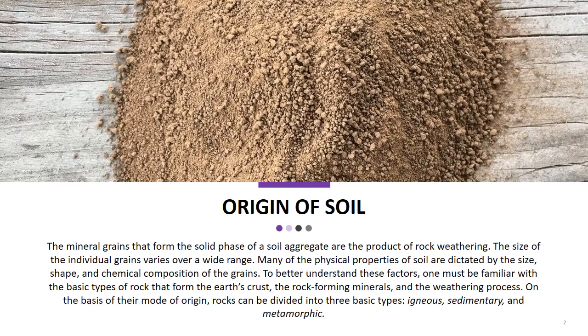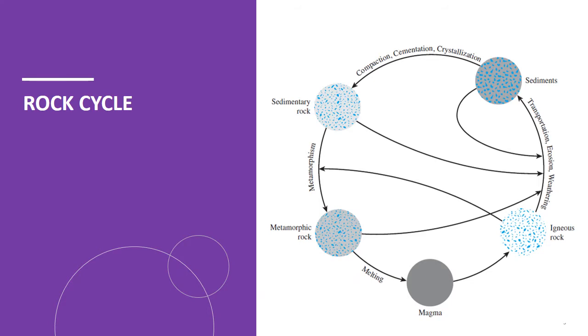On the basis of their mode of origin, rocks can be divided into three basic types: the igneous, the sedimentary, and the metamorphic rock. Here we have the rock cycle. First, we have the igneous rock, which will undergo transportation, erosion, and weathering processes, causing it to produce sediments. These will undergo compaction, cementation, and crystallization, which will later become sedimentary rock.